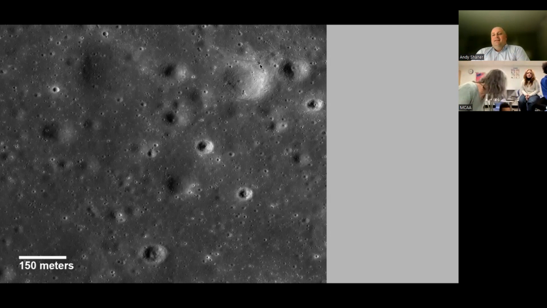Yeah. That's the first thing that you tagged as a crater, that you thought was a crater. That's the Apollo 12 lander. So that's where the second mission to the moon with astronauts landed, in November of 1969.